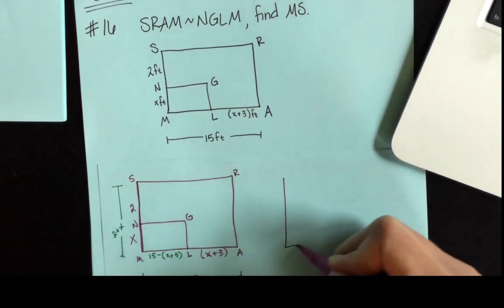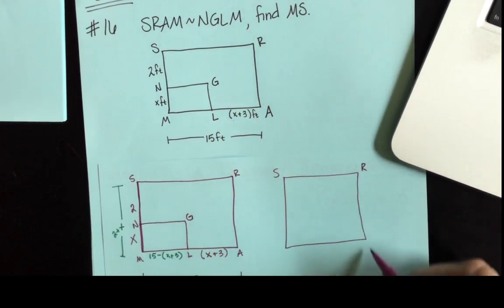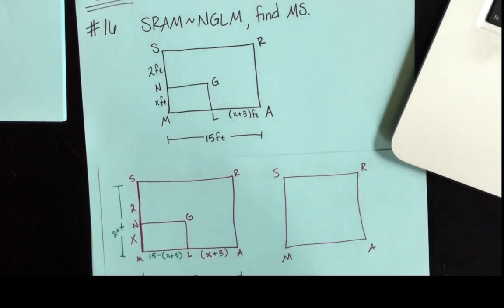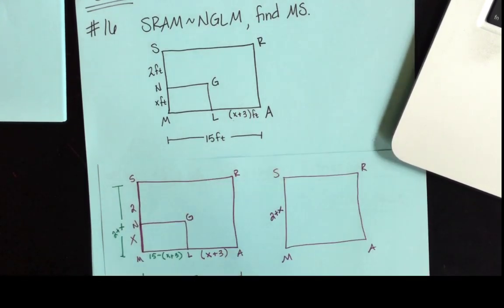So I do have my larger rectangle, S, R, A, M, and I now know that this side is 2 plus X and this side is 15.